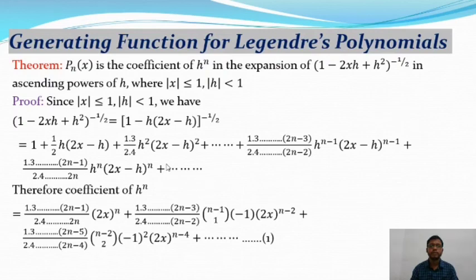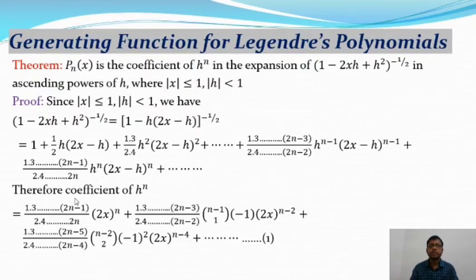This is the nth term of this binomial series, plus 1 into 3 and up to 2n minus 1 by 2 into 4 and up to 2n into h to the power n into 2x minus h whole to the power n and up to infinity. So there are infinite number of terms. So this term is the nth term and this one is the n plus 1th term of the given series.